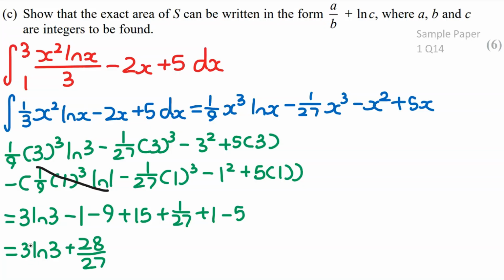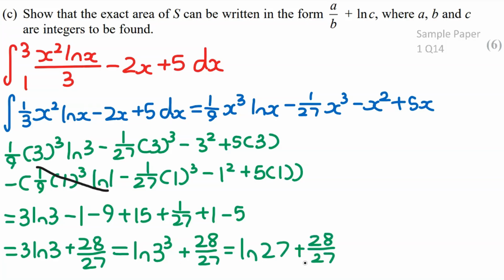So what we need to do is bring this 3 into the natural log here, so it becomes the natural log of 3 cubed plus 28 over 27, and then 3 cubed is 27, so it's going to be the natural log of 27 plus 28 over 27, and this here is the final answer in this form.